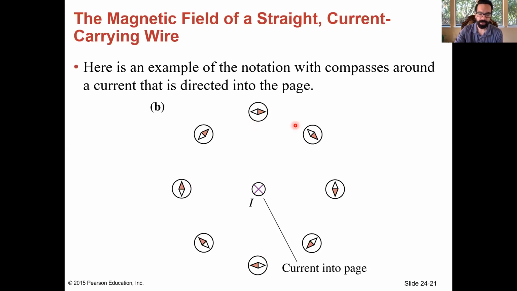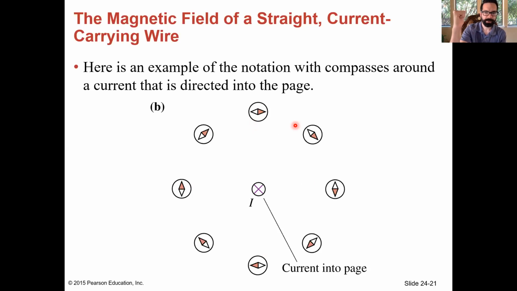So how would I know that using that right-hand rule I just showed you? Well, current is going into the page, coming this way from your perspective. So I have my thumb pointing into the screen here. The way I curl my fingers will tell me whether that's clockwise or counterclockwise. As you can see, my fingers are curling in that clockwise direction, at least from your perspective.